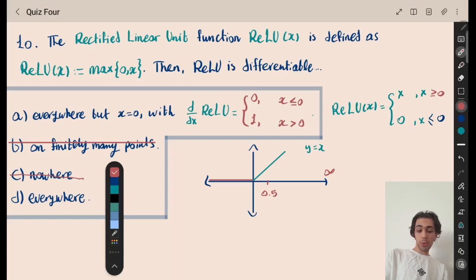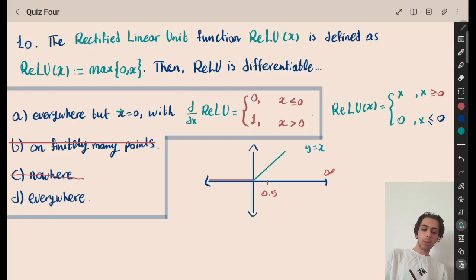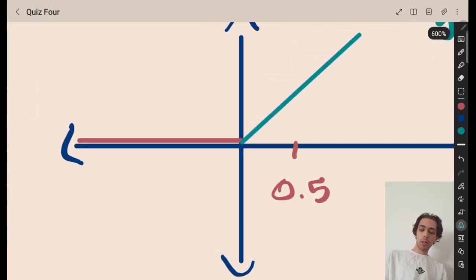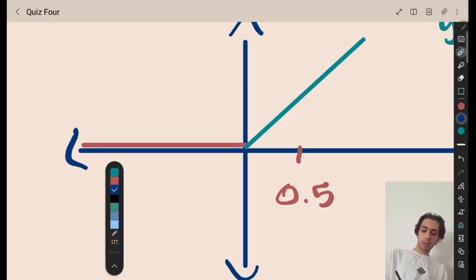Then we have everywhere, or everywhere but x equal to 0. Then, what is the key factor? It is differentiability at x equal to 0. Now, if you want to do it graphically, you can zoom in here, and you will see that there is a sharp turn.